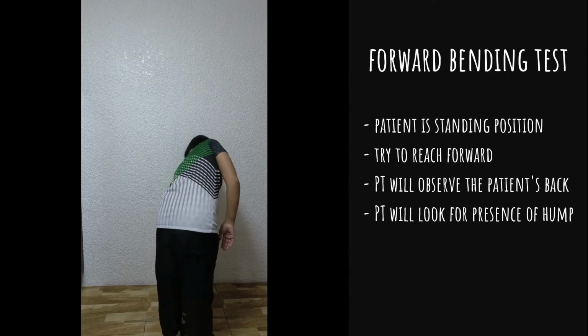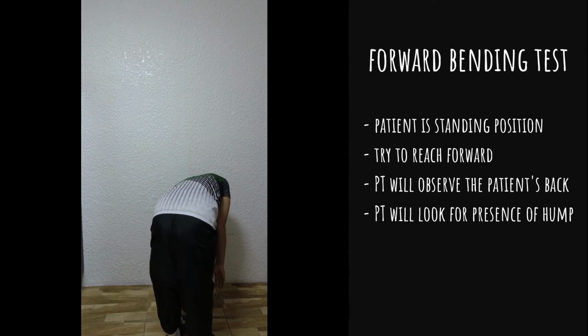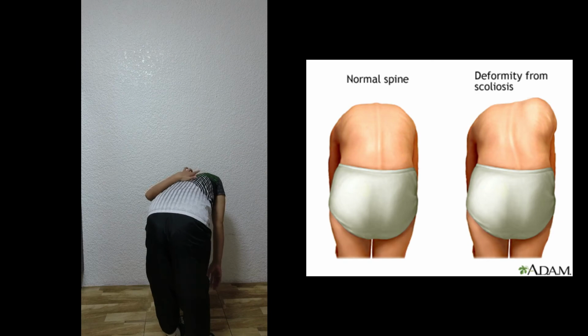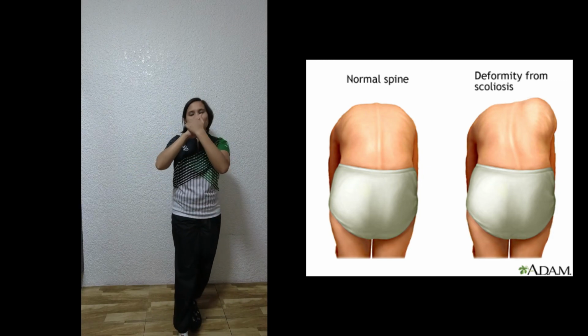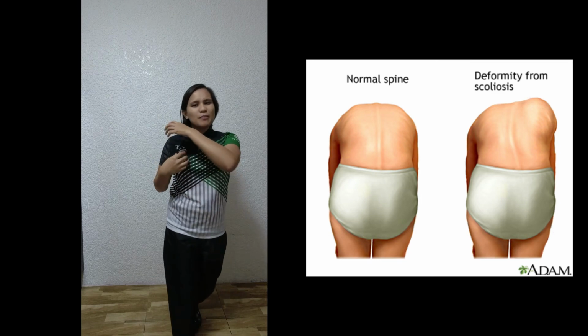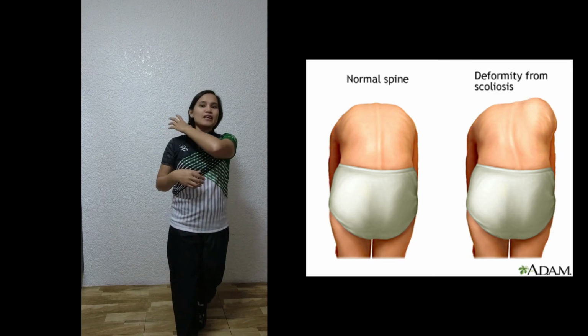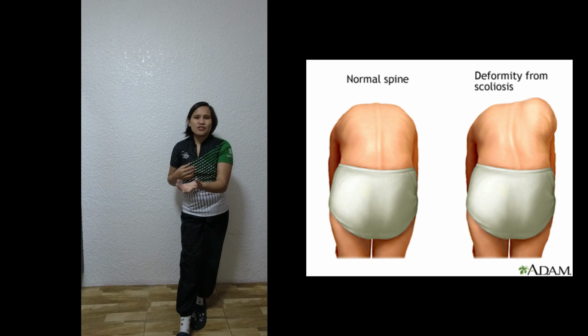Okay, so like that. Try to observe what happens when I exaggerate and there is a bump. So if you could see, there is a higher side on my right, so that means the convex shape of my spine is there. So there's a possibility that I have a right scoliosis, or we call it dextroscoliosis.